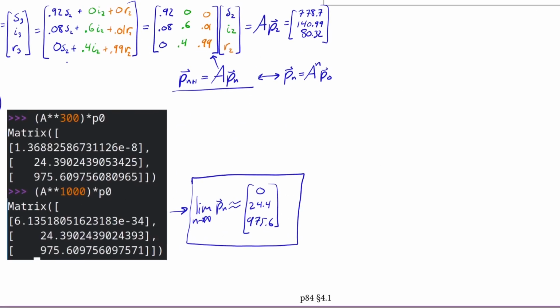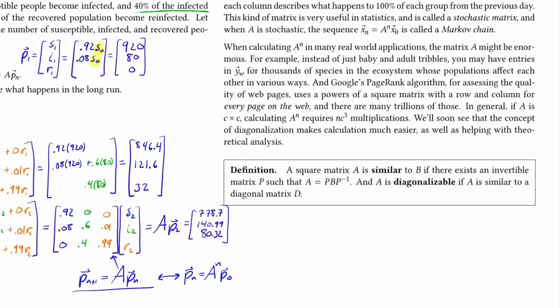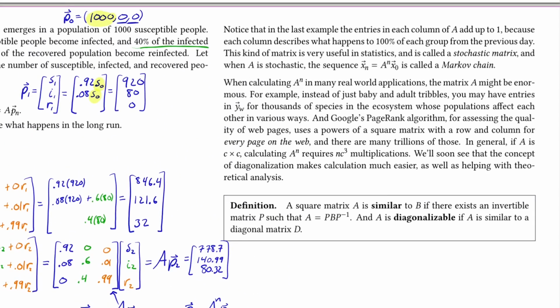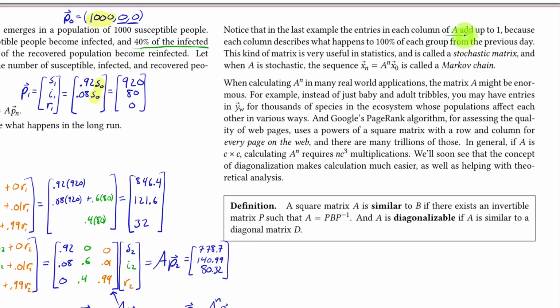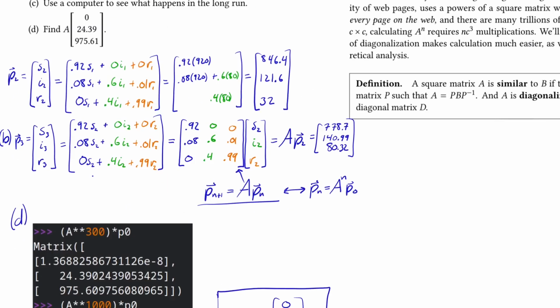Now, before we get to diagonalizability, I just want to point out that this example is different from the previous one, where each column of A adds up to 1, because what is happening here is the population is not growing or shrinking.